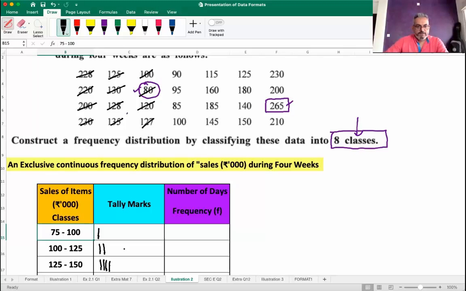Then 127, 125 to 150. So diagonal. Then 90, 75 to 100. Then 95, 75 to 100. Then 85, 75 to 100. Then 100, 100 to 125. Please be careful. 115, 100 to 125.